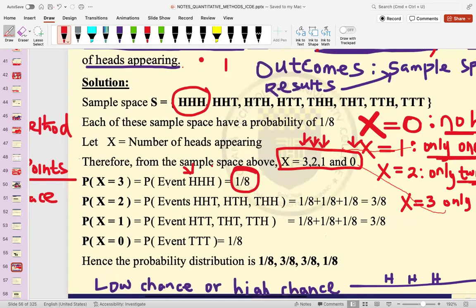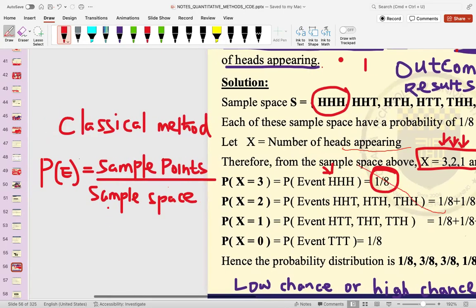Sample space is the entire possibilities. So when you count them, 1, 2, 3, 4, 5, 6, 7, 8, our sample space is 8. So sample space is all the possible outcomes.